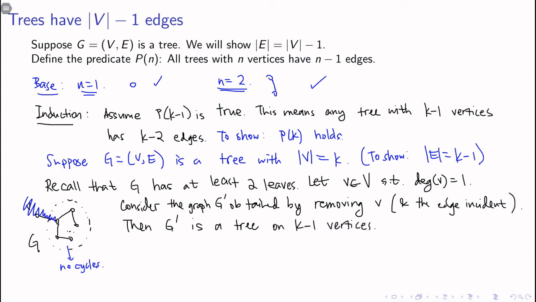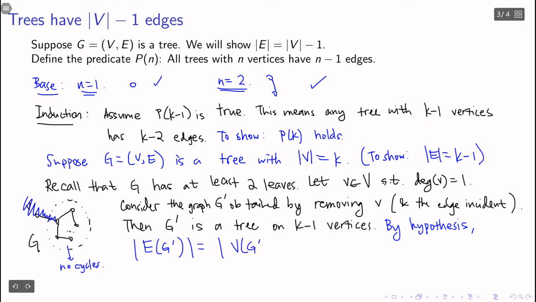And so what do we know about G prime? By the induction hypothesis, the number of edges in G prime is equal to the number of vertices of G prime minus 1. I'm just going to say k minus 2.